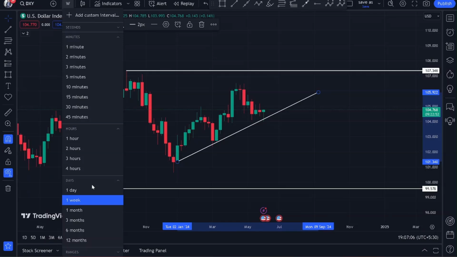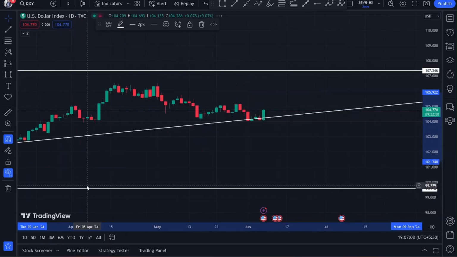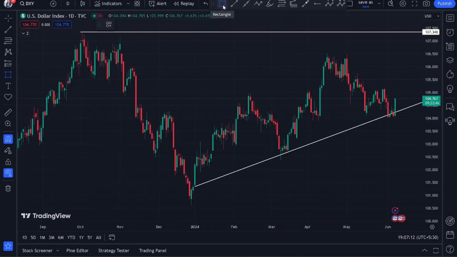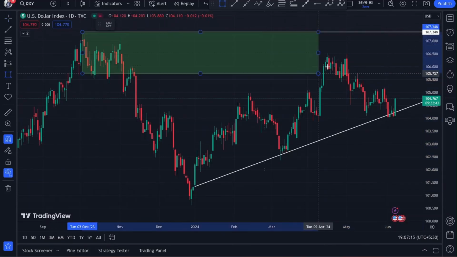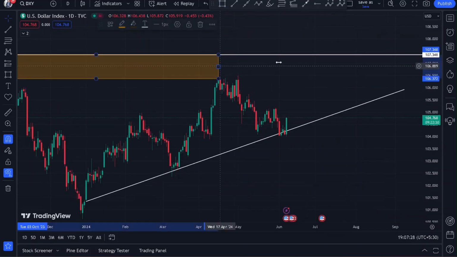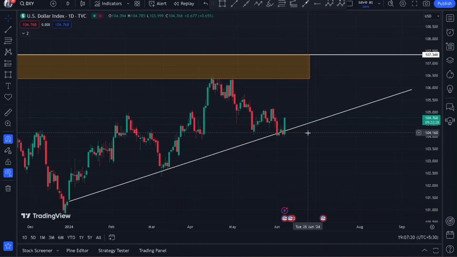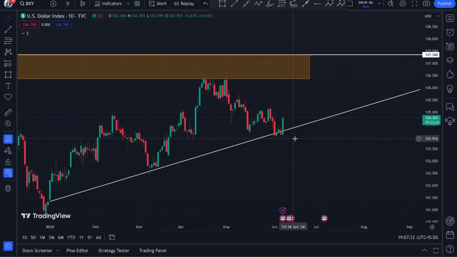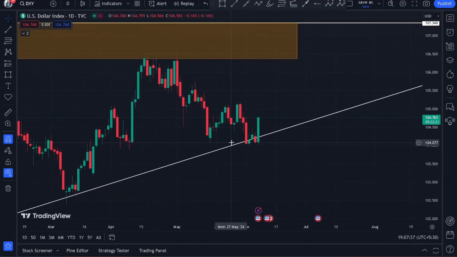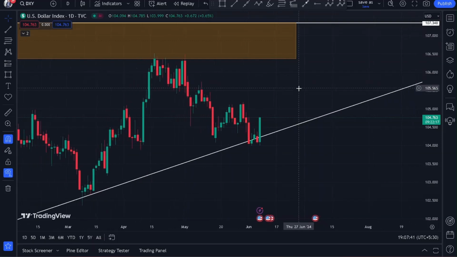So what's going on the daily, we can check. Before moving to that, I think we should draw a zone rather than just a single line. This was a rejection and this was a rejection previously, so this could be the resistance, rejection zone, whatever. Price came back to the trend line and is now forming a bullish green candle with two bottoms, like a W pattern.